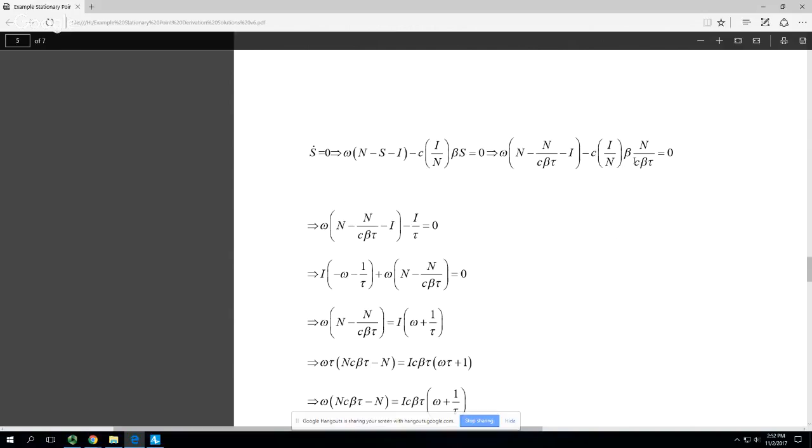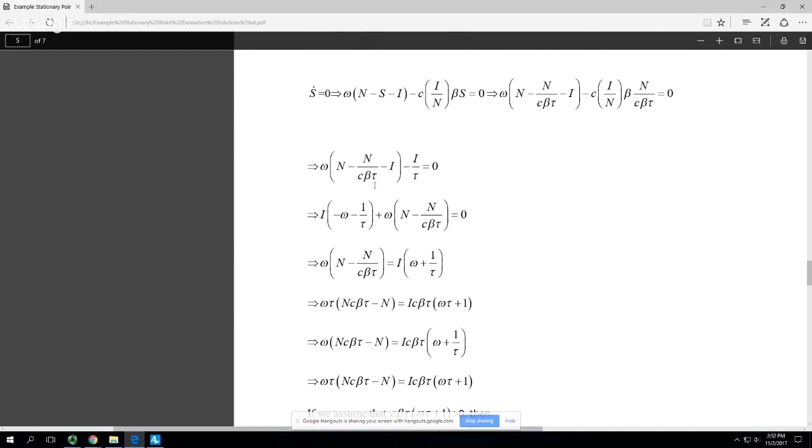This C cancels that one, this beta cancels that one, and so all that's left is I over tau. That's how we simplified, right? And this guy here is just duplicated as such. So that allows us to further work this thing through.